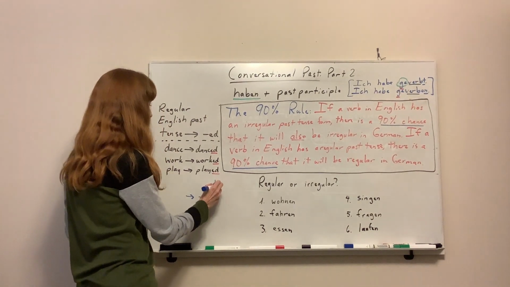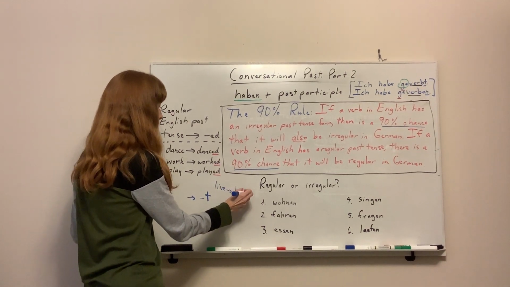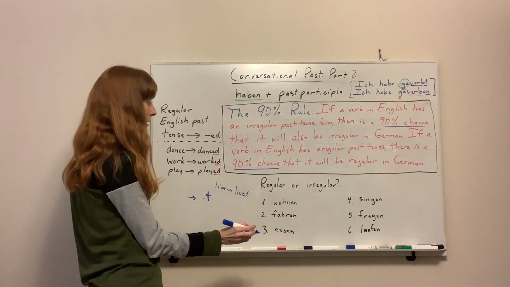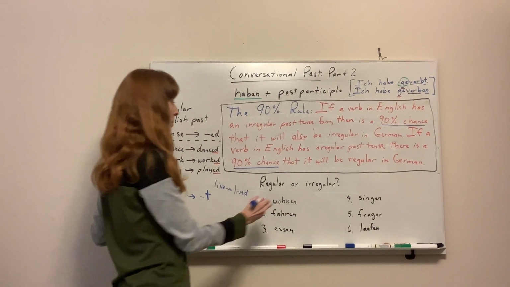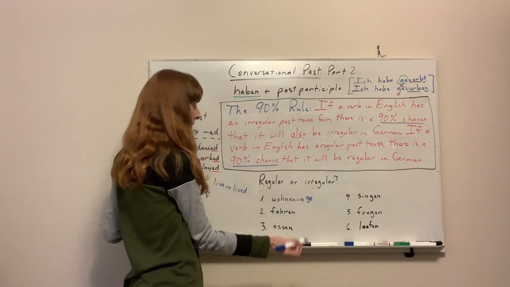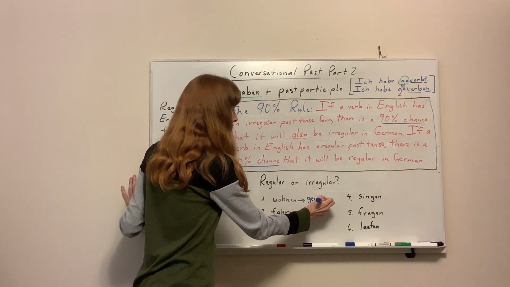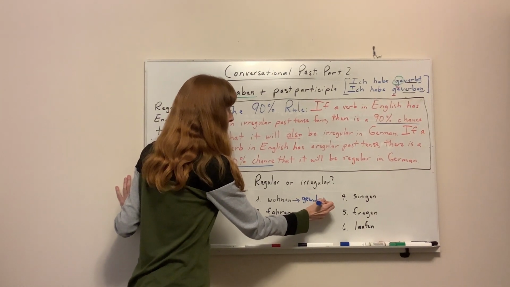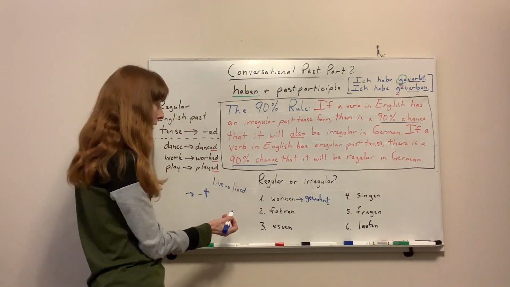Live, lived. Well, we're adding that D, that's regular. So there's a 90% chance that this will also be regular in German. And it is. We always have our G in front, wohn, T. We put that T at the end. Gewohnt. So that is regular.